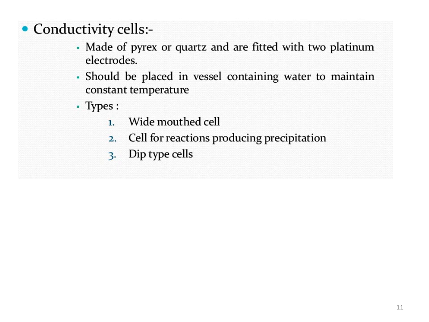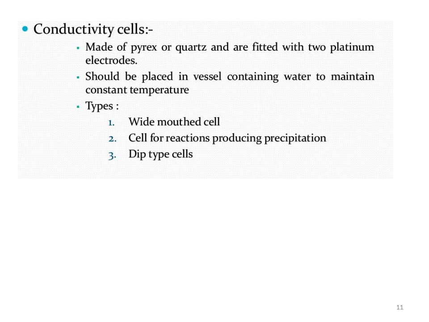These cells should be placed in a vessel containing water to maintain constant temperature. We know that water has a high specific heat capacity, so the water can maintain a temperature constant to a very large extent. That is why these cells should be placed in a vessel containing water.